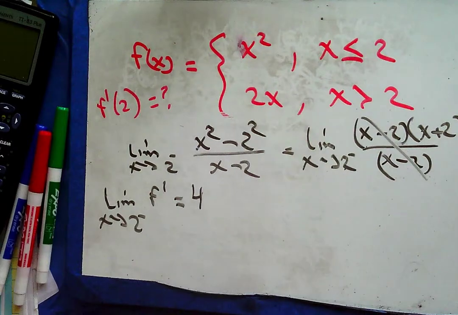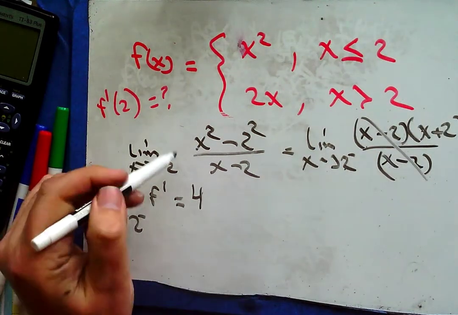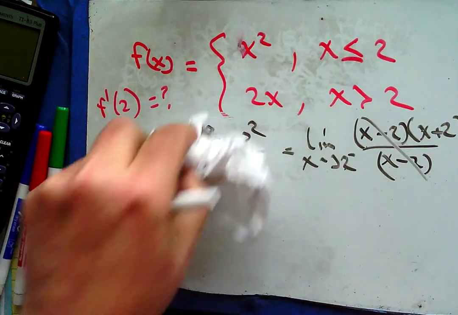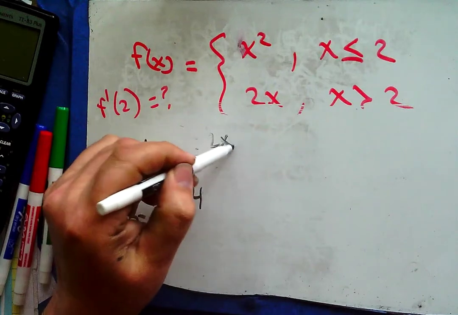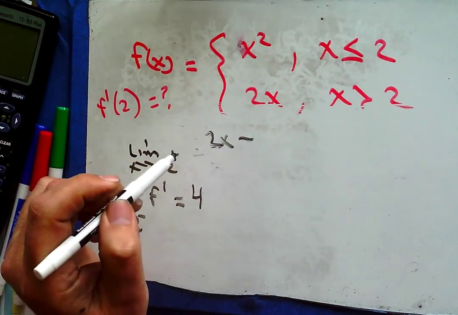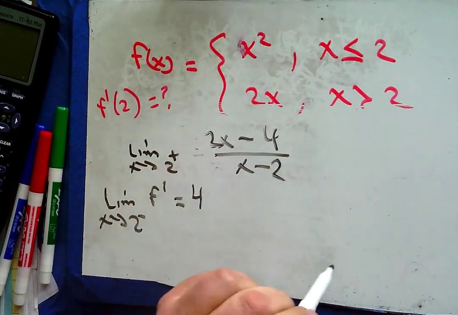Okay. Well, what about the limit of the slopes from the other direction? What if I want to talk about the positive direction? Will that change things? Well, I'm going to have 2x minus f of 2, which is 4, over x minus 2.